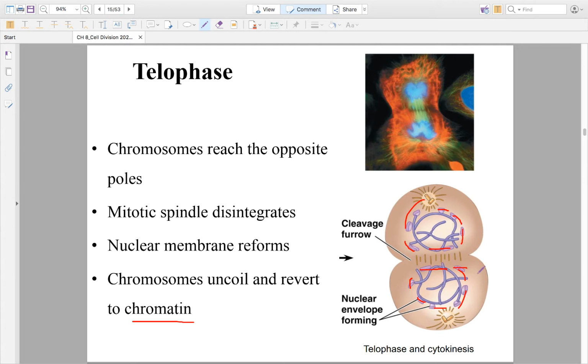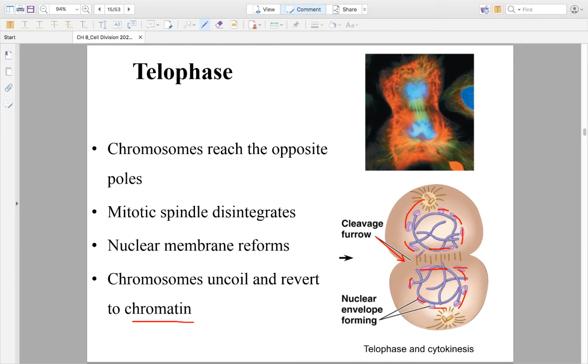Okay, and the cell is starting to divide. See this? This is called the cleavage furrow. The cell's kind of folding in on itself, and really it's not folding.